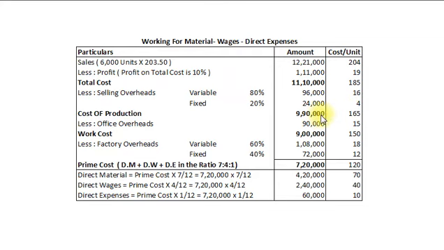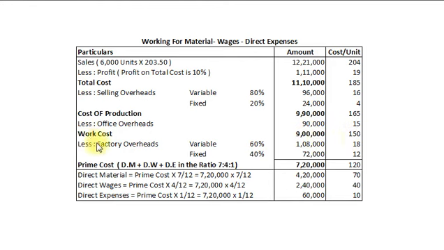So next we get cost of production rupees 9,90,000 and rupees 165. And now from cost of production we will deduct office overheads, that is 90,000 rupees total, and per unit 15 rupees. So next we get work cost rupees 9 lakh and per unit 150.